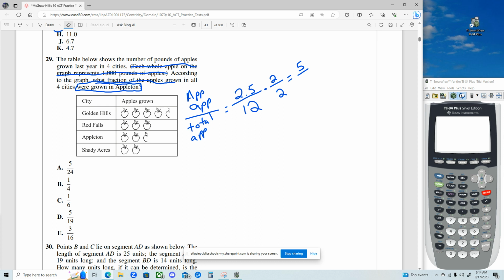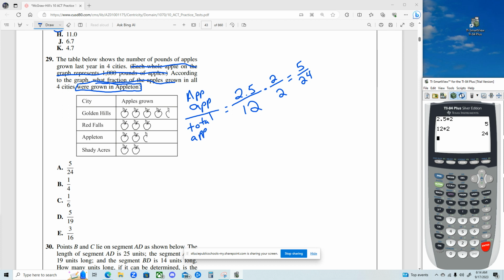Oof, always double check on the calculator because your brain, especially if you're a little nervous on your test, right? Those little mistakes like that can get any of us. So double check 2.5 times 2 and 12 times 2.